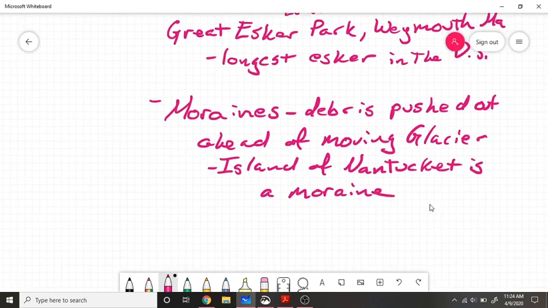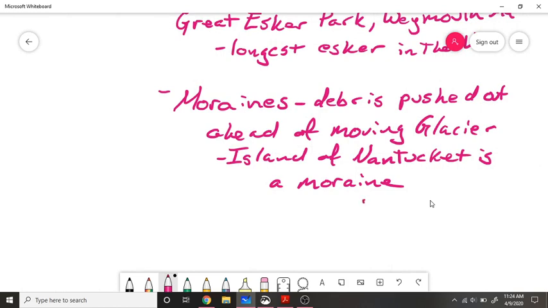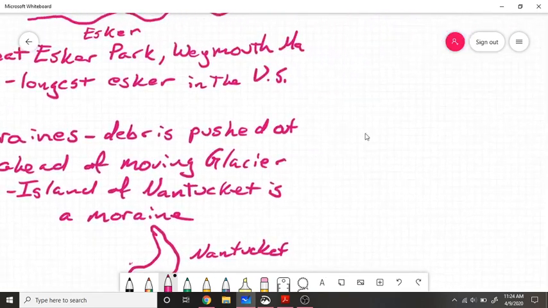And the shape of Nantucket is kind of like this. And you can see it's curved, so that meant that a long time ago, 25,000 years as a matter of fact, when the ice came all the way down to New England, this was the leading edge of a glacier, and here was the pile that it was pushing in front of it.